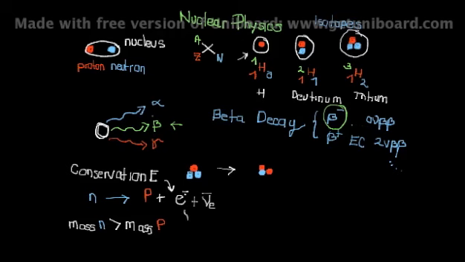So this is an electron, and this is the antineutrino.